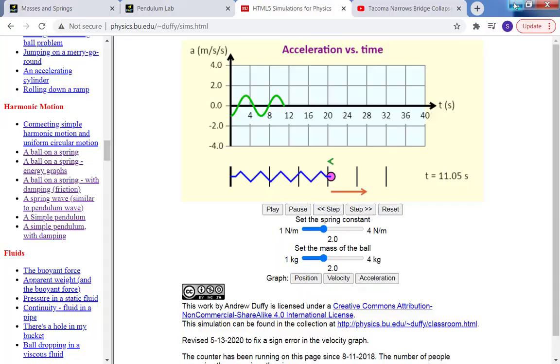So what I want to do now is think about what is the value of the maximum velocity, and what is the value of the maximum acceleration in terms of the parameters associated with our mass on a spring system.